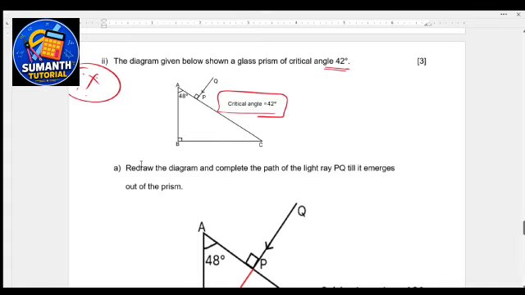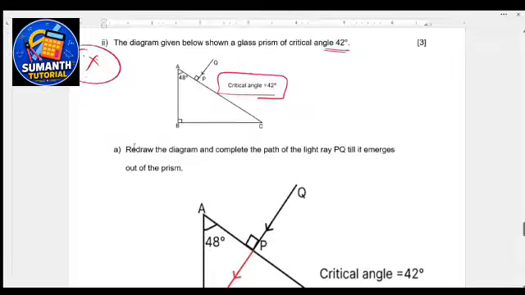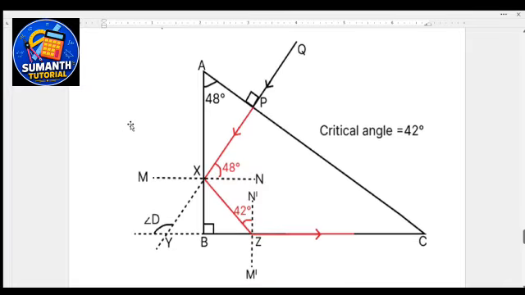Redraw and complete the path of ray PQ till it emerges out of the prism. See here the diagram which looks like this. How to draw the ray diagram, that I will teach here. Now listen, for the time being just observe this.